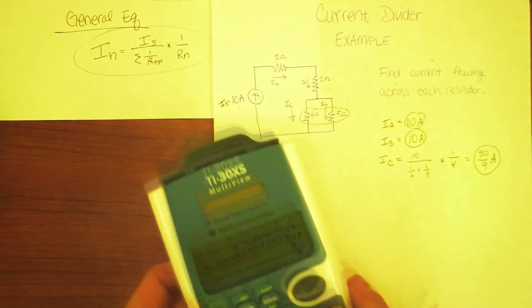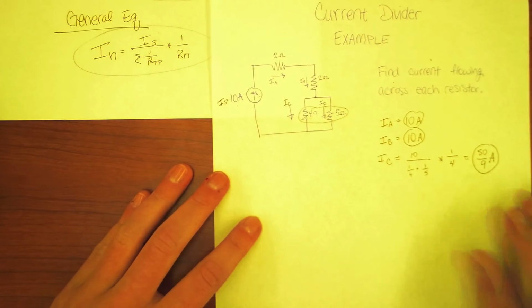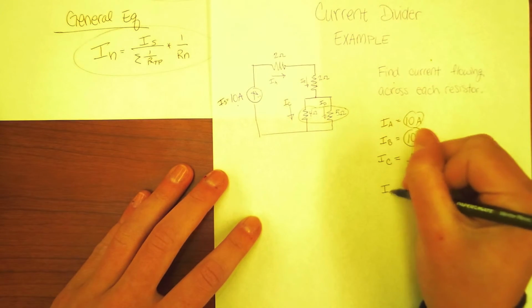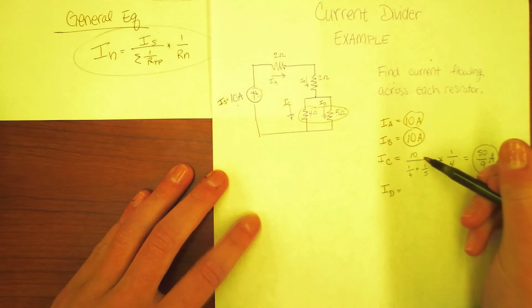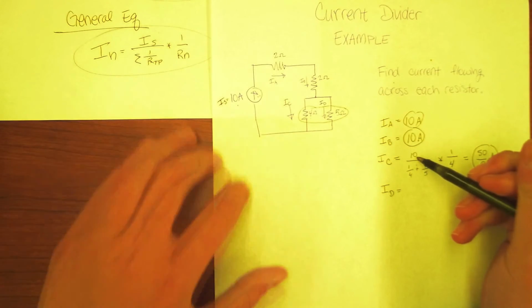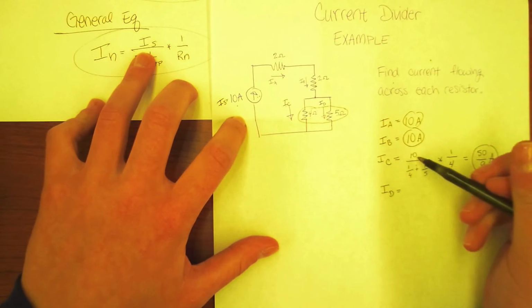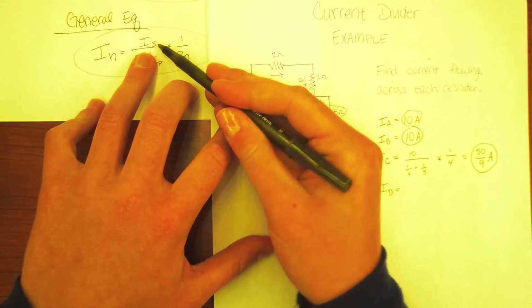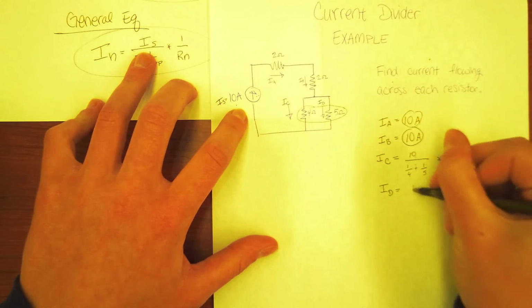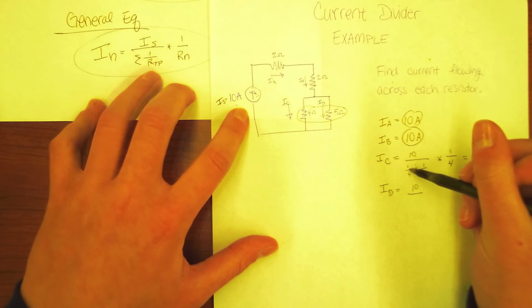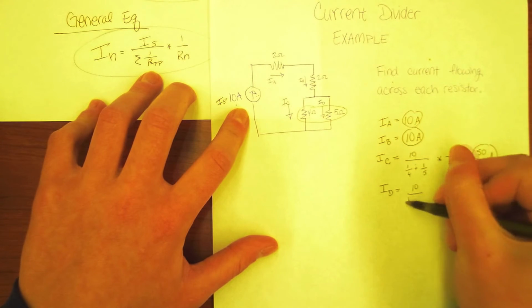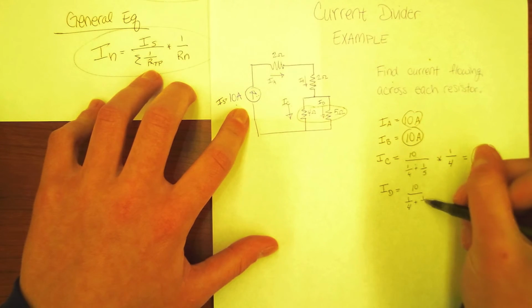And finally, let's do the same thing for ID. And it's going to be the same exact thing as what we did for IC. So you're going to look at your IS, which is, again, your 10, divided by your R total in parallel, 1 over 4 plus 1 over 5.